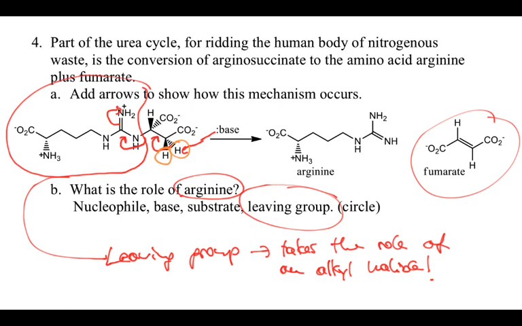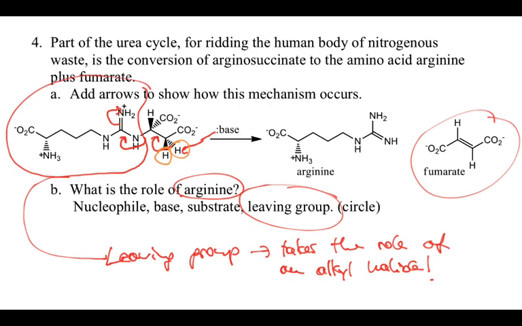If you take off one of them, it gives you the Z product. If you take the other one off, it gives you the E product. So why do we selectively form the E product? Zaitsev's rule. Remember, if you have 2 beta hydrogens you can take off, you take off the one which gives you the more stable product preferentially.